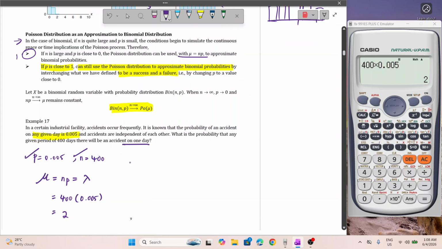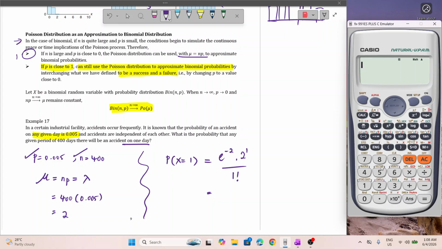You want to find the probability that on one day in those 400 days there will be an accident. So you can use the Poisson instead of the binomial distribution. We will use Poisson to approximate the binomial distribution. So we want to find the probability of x equal to 1, which is e to the power of negative 2 times 2 to the power of 1 over 1 factorial.